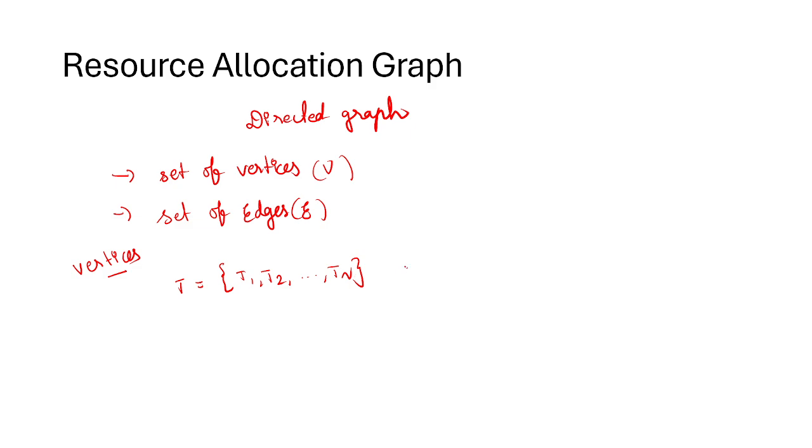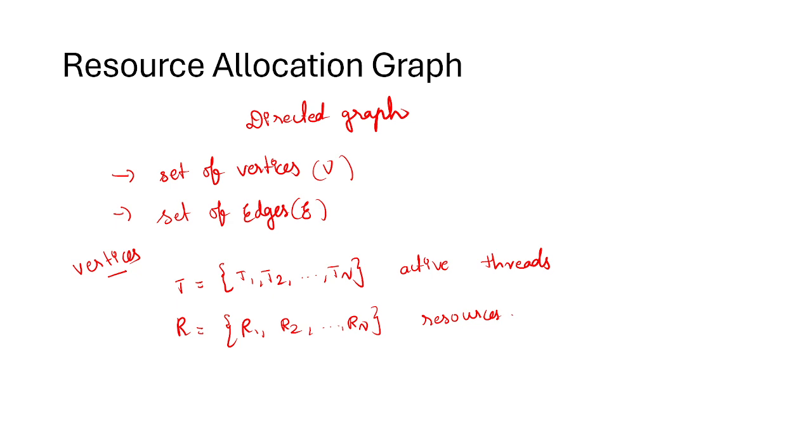It is a set of active threads. Then R is the set of all resources: R1, R2, etc. up to Rn.